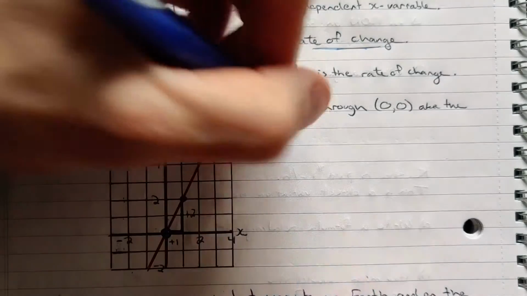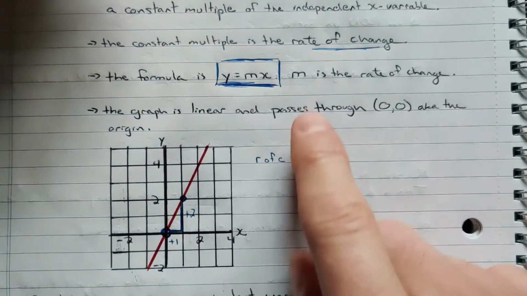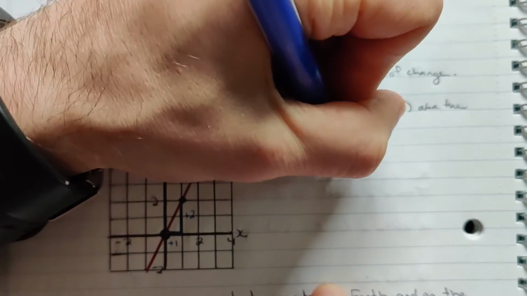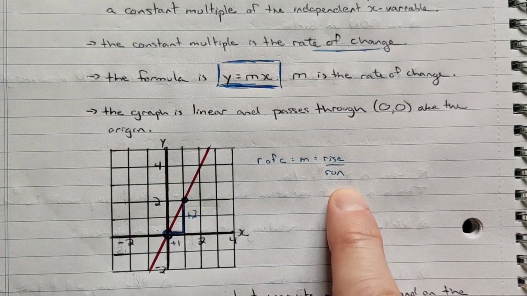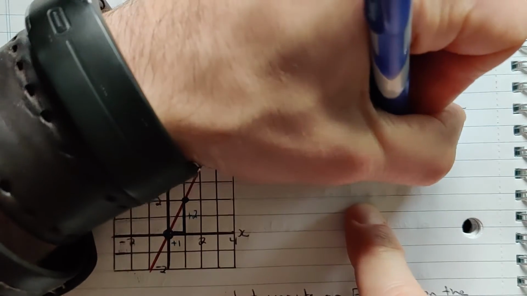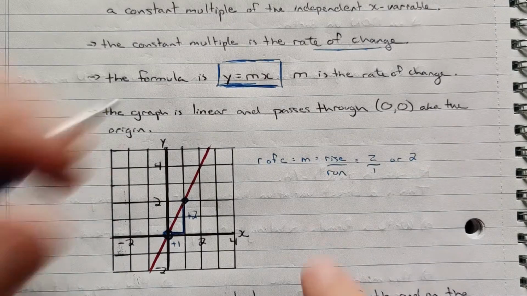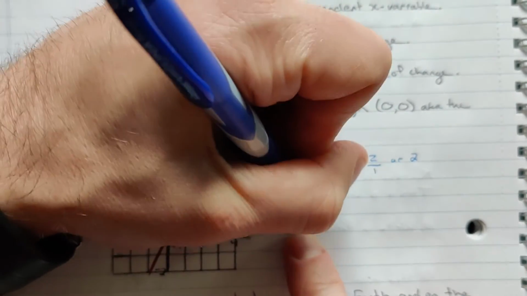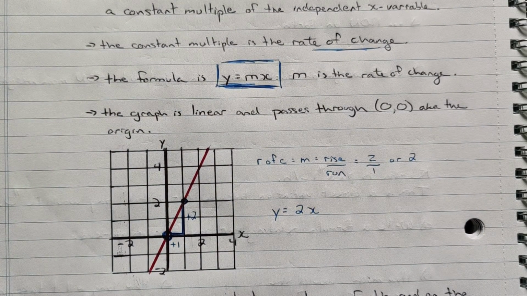So the rate of change, which equals m in this case, equals rise over run, 2 over 1, or just 2 if you simplify it down. So there is our rate of change, and our equation of this line would be y equals 2x.